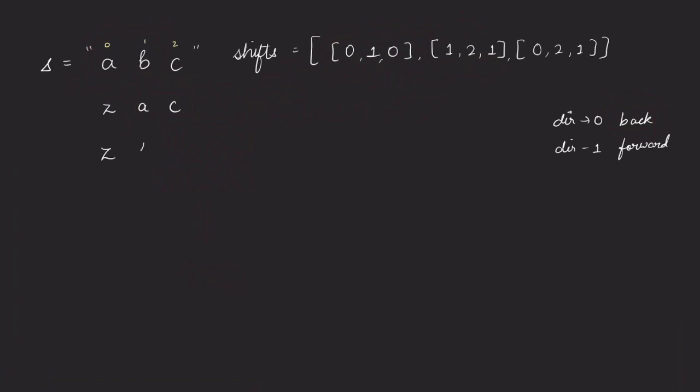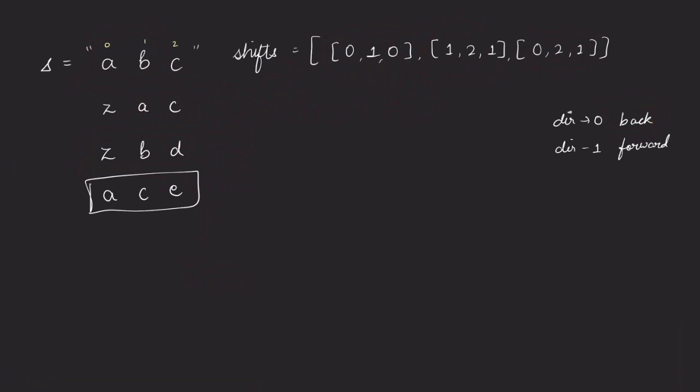So this will become Z, B and D. Then what is the last query? 0 to 2 and forward. So the entire range, and we need to move them forward by 1. So Z will be converted to A, B will be converted to C, D will be converted to E. So this is the final string, which is our answer, and we need to return it.